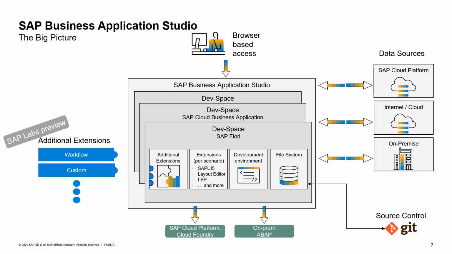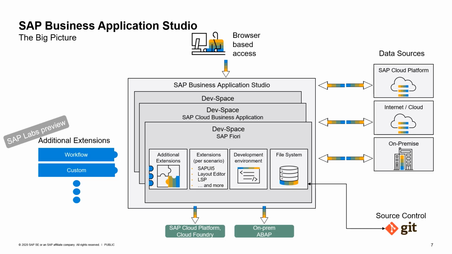The dev space includes a file system where the code is stored that we recommend as best practice to connect to a Git source code repository, and a development environment which is an IDE based on open source. The dev space includes all tools required for the specific scenario as pre-packaged extensions. If additional tools are needed, there's the option to customize the dev space and add additional extensions.